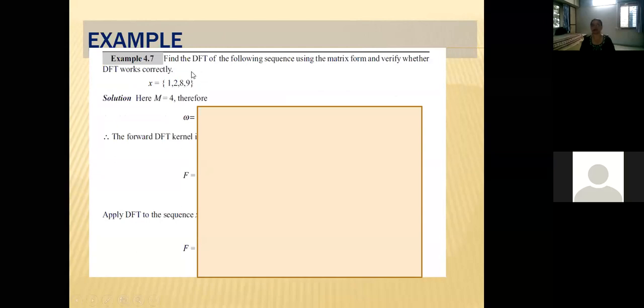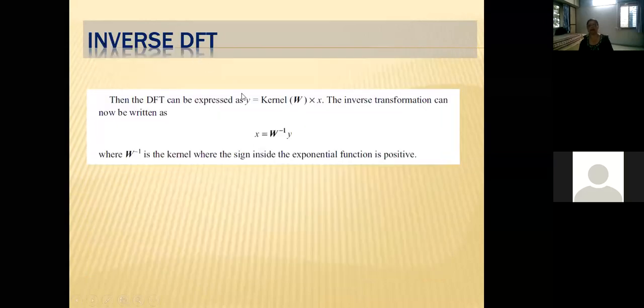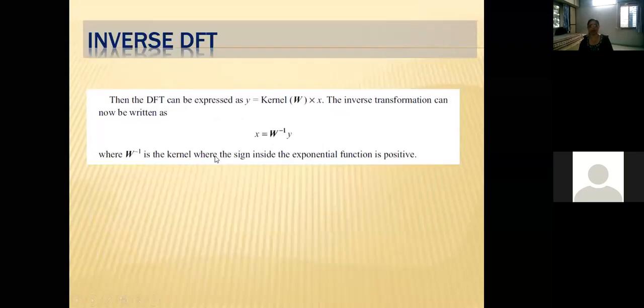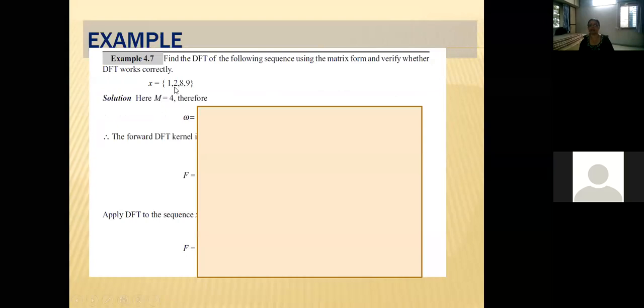Now in order to determine its DFT by matrix multiplication method, we need to determine this matrix where n is 4. Why have we considered n as 4? Because our input signal X, if you check the length, has 4 samples: 1, 2, 8 and 9. As there are 4 samples here, M or N is 4.